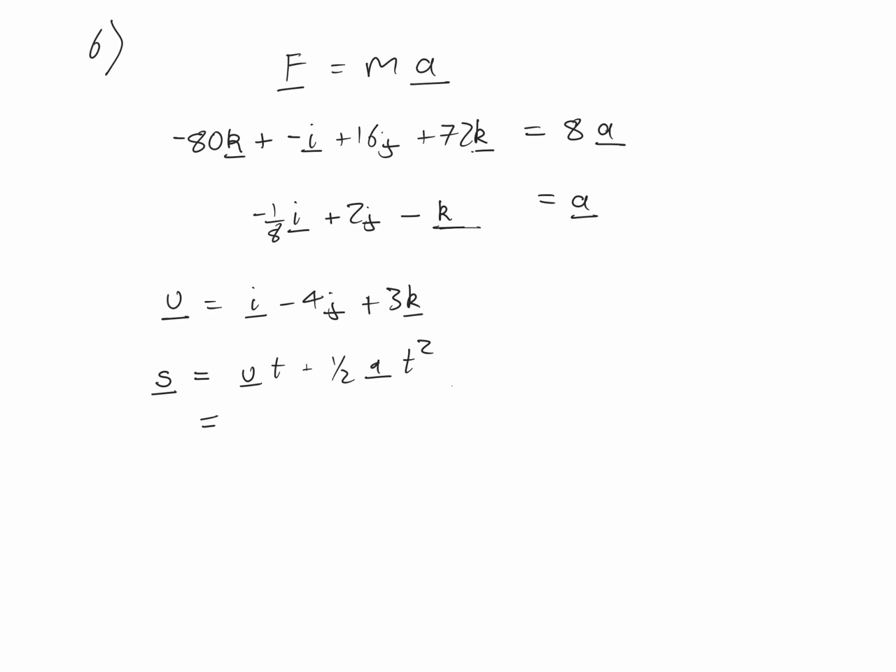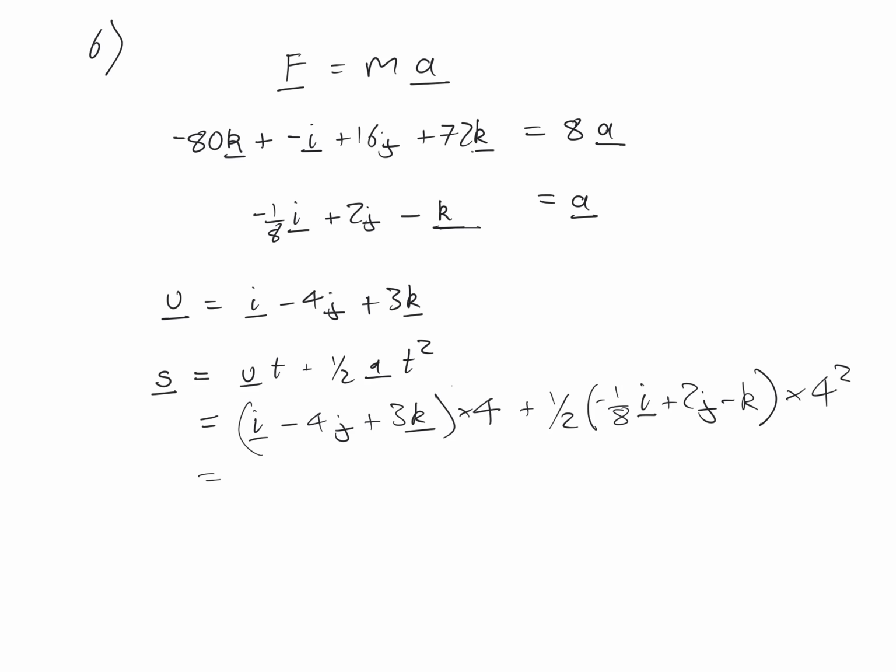So u is i minus 4j plus 3k times t, plus a half a, which is minus an eighth i plus 2j minus k, times 4 squared, equals 4i minus 16j plus 12k plus, well, we're going to times by 8, so this is minus i plus 16j minus 8k.